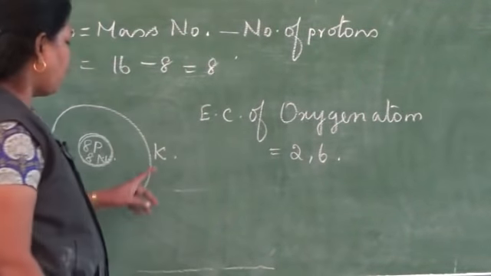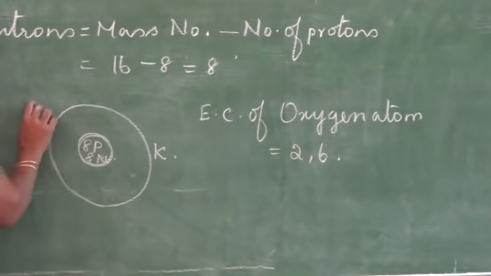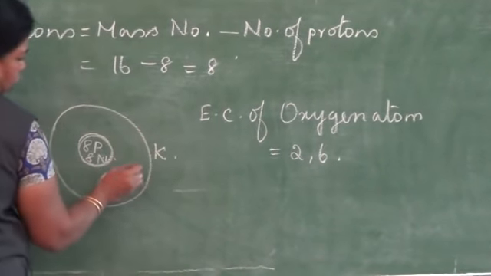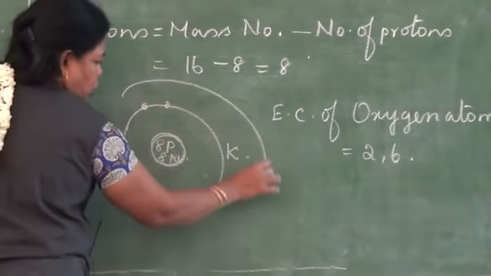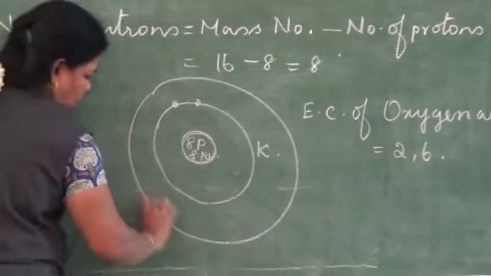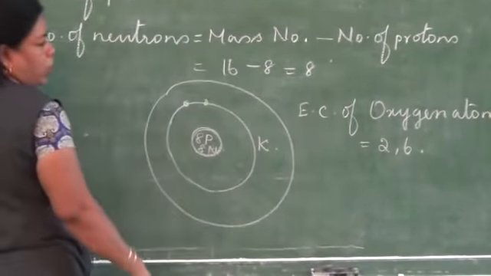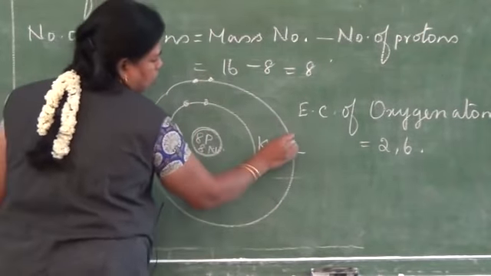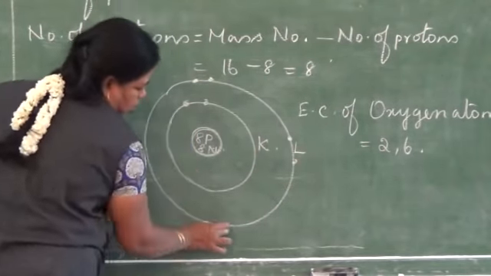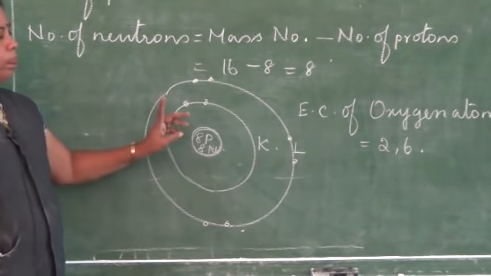That means the first shell K shell can accommodate only 2 electrons, and then the next shell is the L shell. The 6 electrons will be accommodated by the L shell. So this is the geometric representation of oxygen atom.